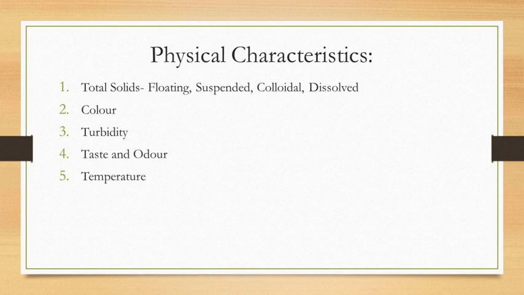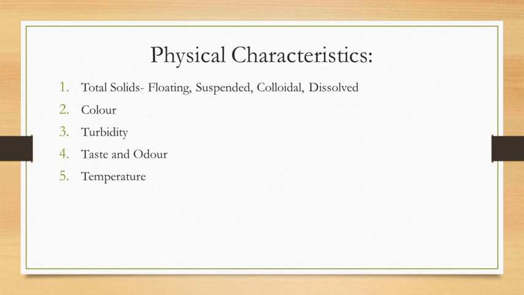We can determine these solids by two methods. The first is the filtration method, where we filter the water over a filter paper, and from that we can find the suspended and floating solids of the sewage sample.